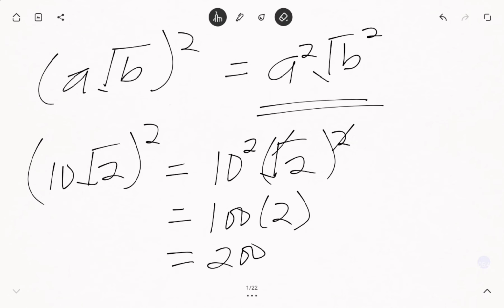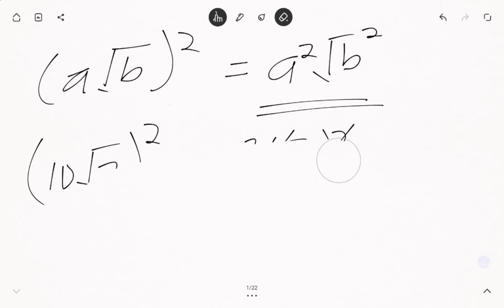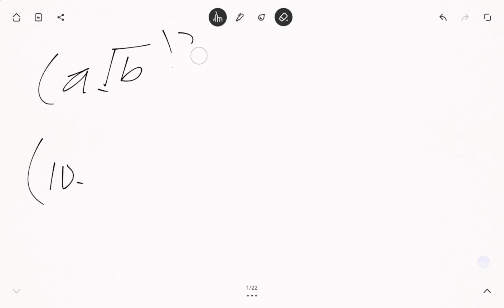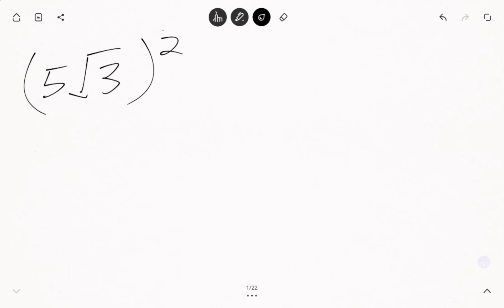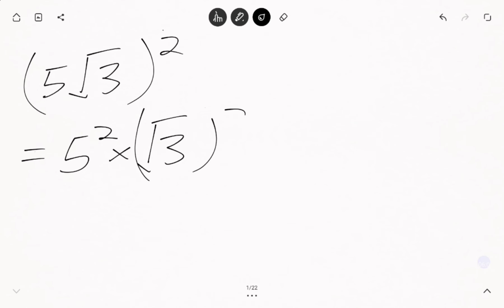Let's have a look at another example. Say we have 5 root 3 squared. This is equal to 5 squared multiplied by root 3 squared.